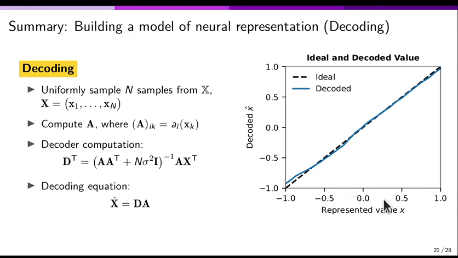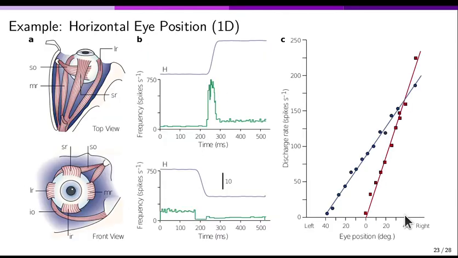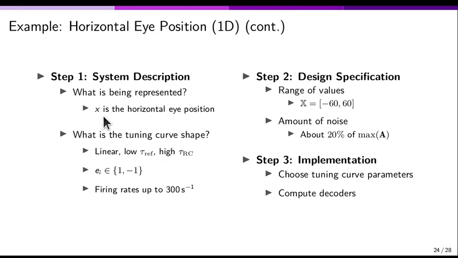When we do this optimization to find D, we need to pick some range to sample over. We're never going to be representing values between -infinity and +infinity. It's just not going to happen. So whenever I've got a variable being represented, always ask, what's the range?